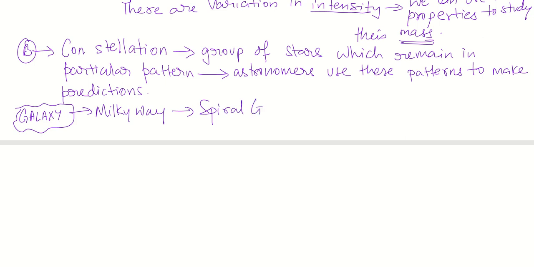Its shape is actually spiral. And it consists of billions of stars, and solar system, and so many other astronomical objects. This is how the shape looks like, and we might be somewhere here. Okay, this is our position.